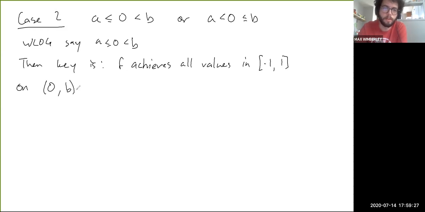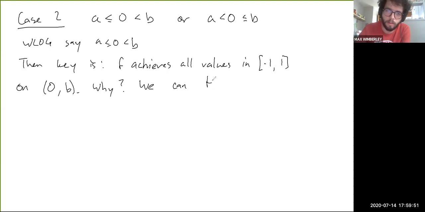So why is this? Let's actually justify this. It's because there's an infinite number of arches of the sine function that happen in this interval, because we have sine of 1 over x.